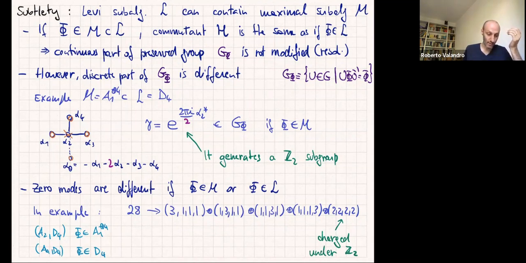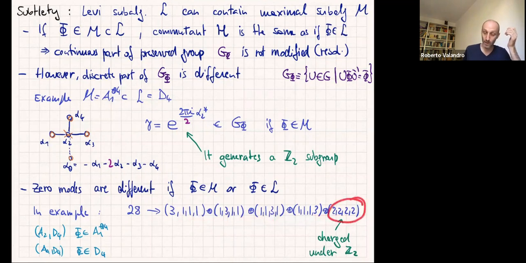An example is taking the subalgebra A1 to the 4, inside the subalgebra D4, and in this case there is a Z2. If Phi belongs to A1 to the 4, there is a Z2 subgroup generated by D7. And the Z2 you read by taking the dual Coxeter label of the removed node. Again, if you compute the modes in this situation, you can take your starting algebra and decompose under the maximal subalgebra, and you can read the discrete charge of each of these representations.